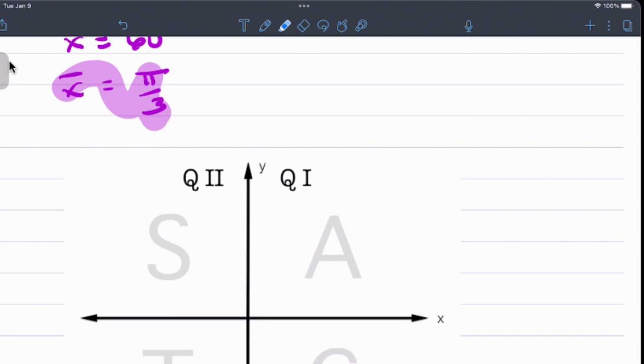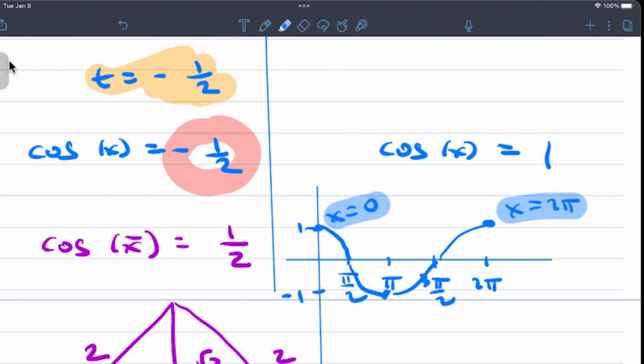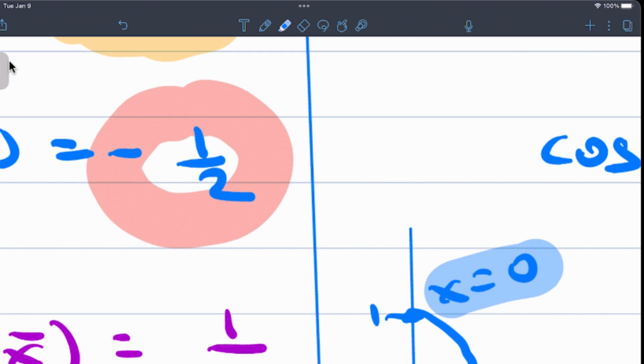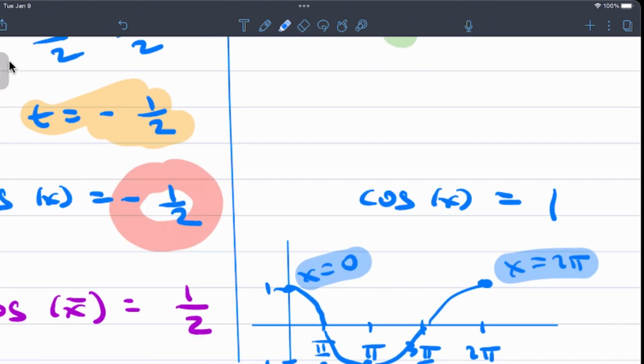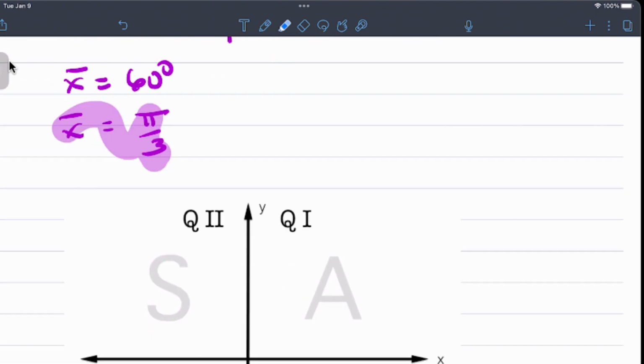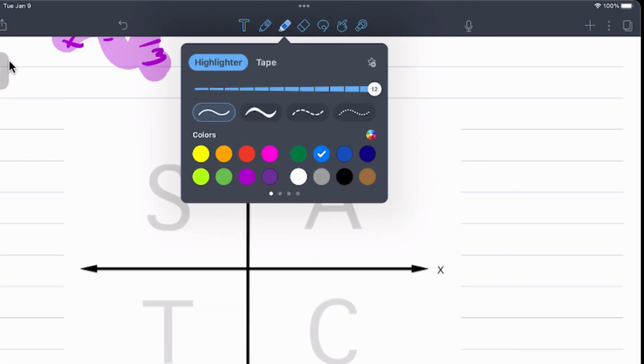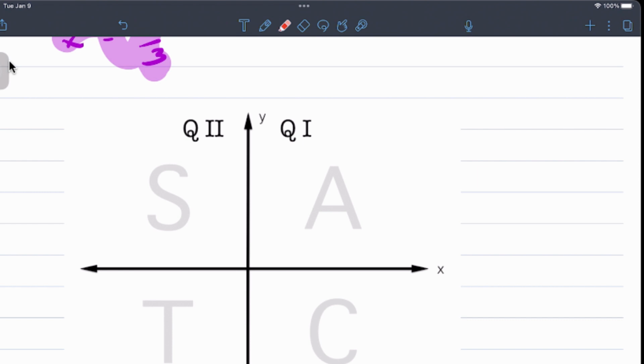Okay. What quadrants is cosine negative again? Do you guys remember? Where's cosine negative? What quadrants? Quadrant 2. Quadrant 3. Isn't that true?